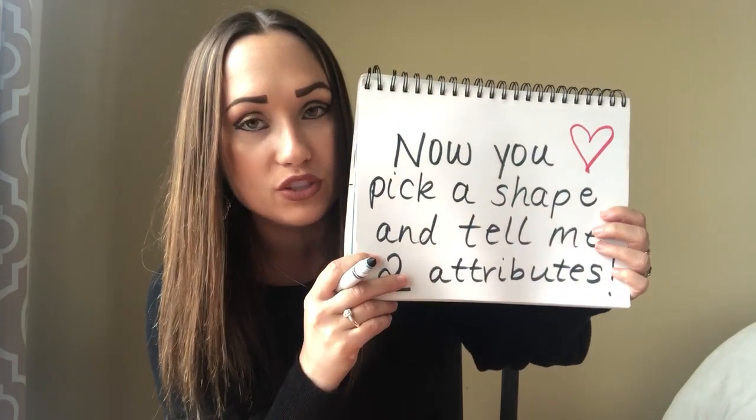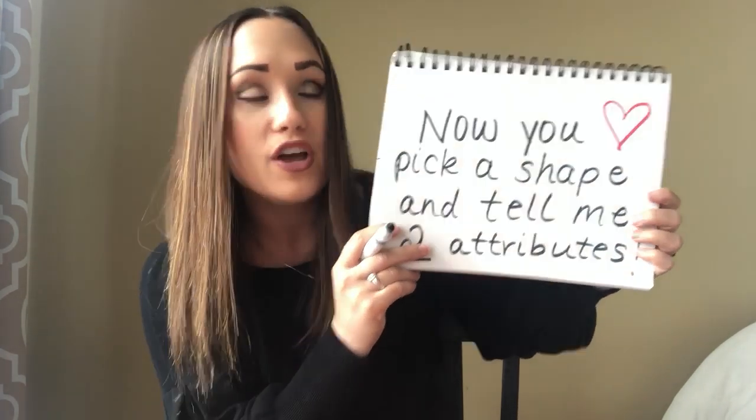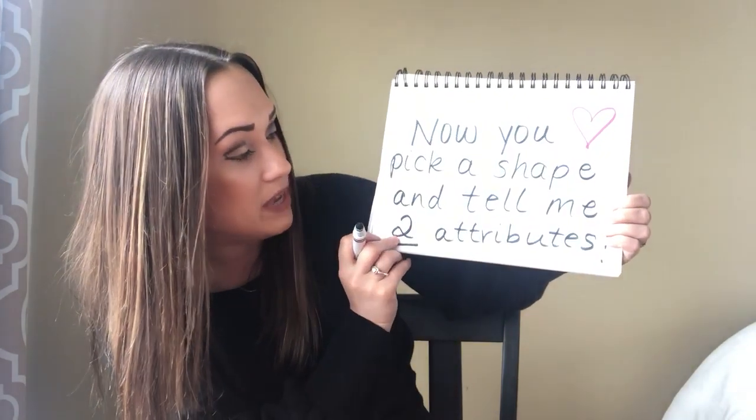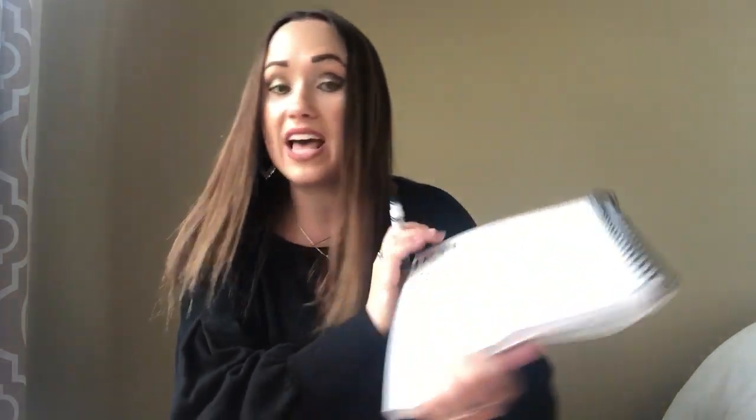With my circle and my square on the other page, right? So pick a shape and tell me 2 attributes. Do this on a blank sheet of paper, and then what you can do is submit it under this assignment on Google Classroom, okay? So have your mom or dad or grandma or grandpa or aunt and uncle take a picture of it and then post it in the assignments, okay?